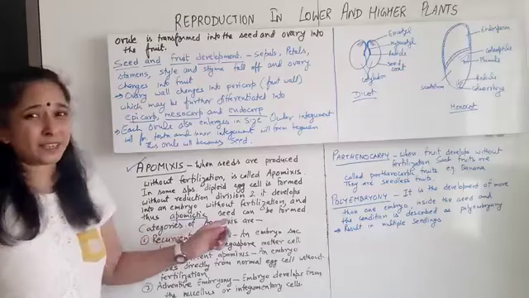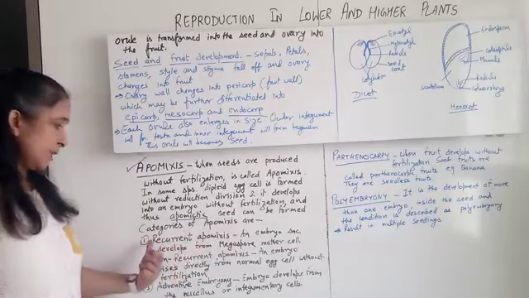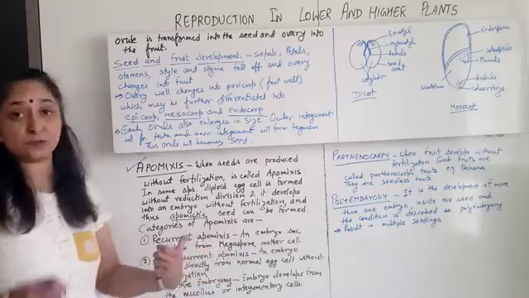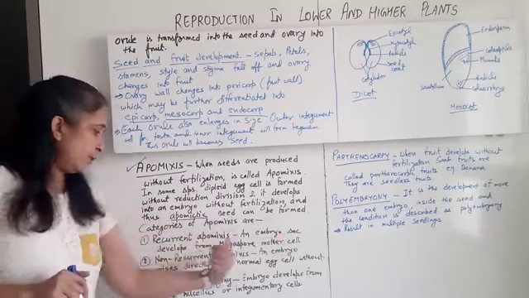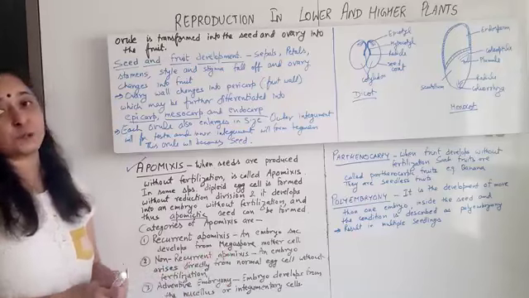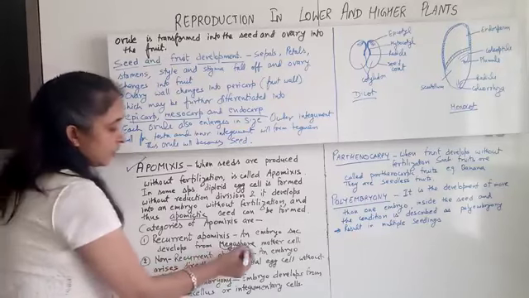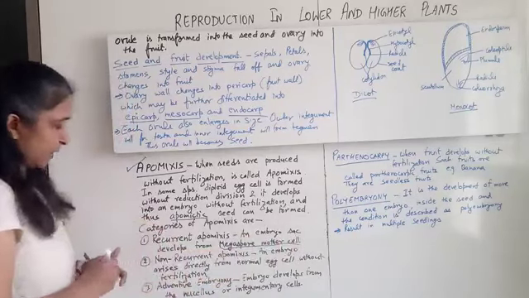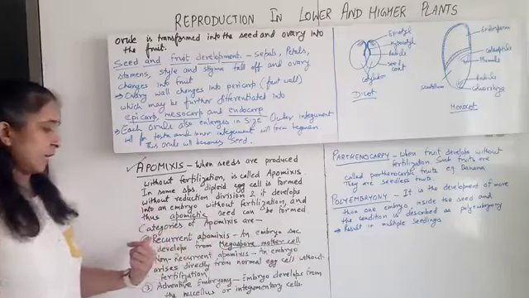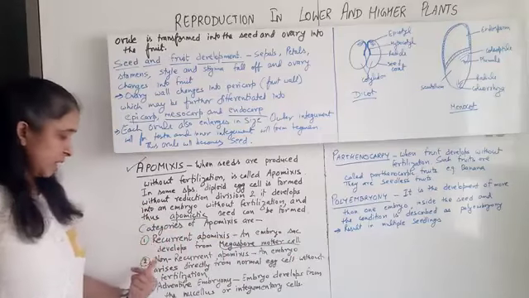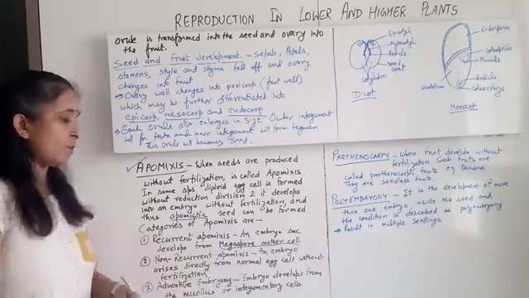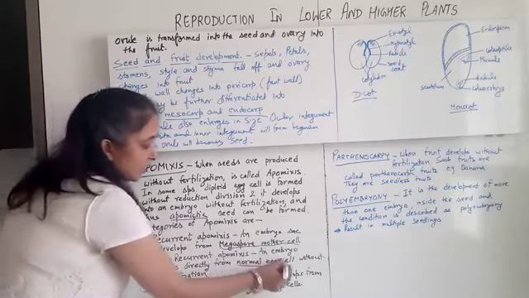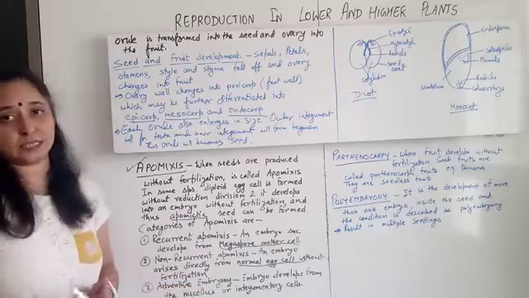Now there are a few categories of apomixis. The first one is recurrent apomixis, meaning without fertilization, which part is giving the seed? An embryo sac develops directly from the megaspore mother cell. So that is called recurrent apomixis. Non-recurrent apomixis is when the embryo arises directly from a normal egg cell without fertilization.